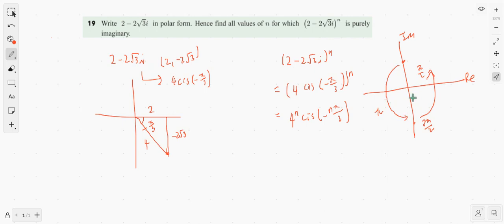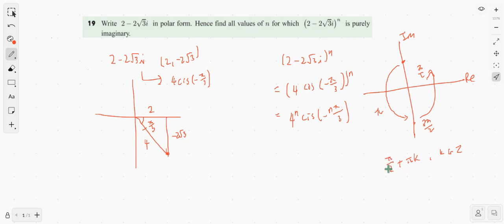So every pi, adding from pi over 2, you'll get a purely imaginary number. So in general, if the argument of this expression is pi over 2 plus pi k, where k can be any integer, then this whole expression becomes purely imaginary.